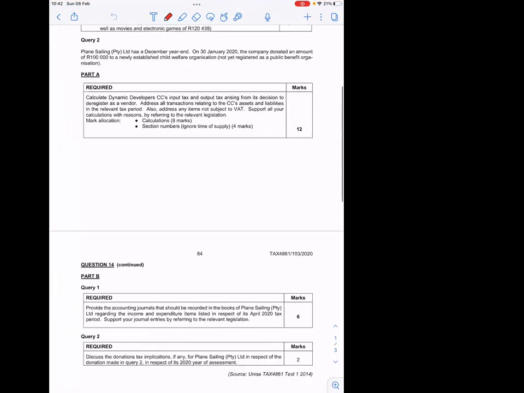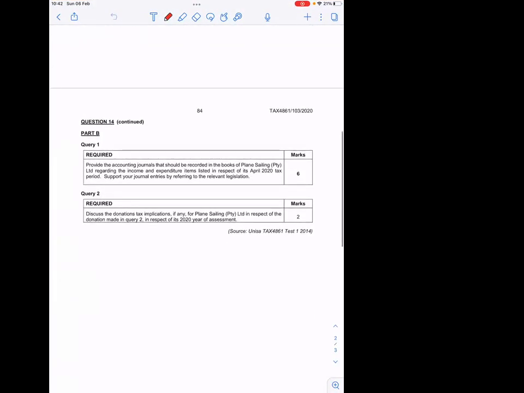Now, this one here, good people, is in respect of query 2. Discuss the donations tax implications. Discuss. When it says discuss, what do you do? We're going to be talking there. Right. Discuss the donations tax implications, if any, for Plain Sailing.